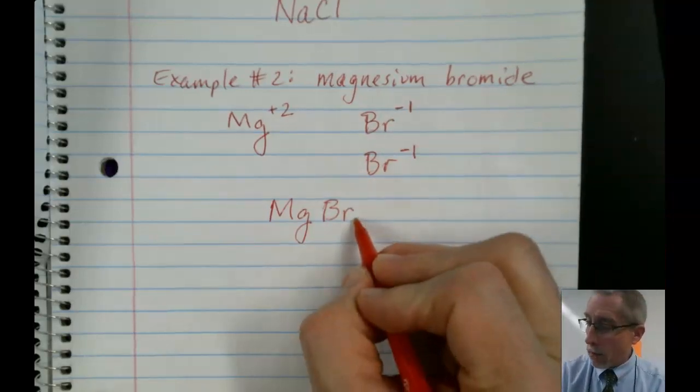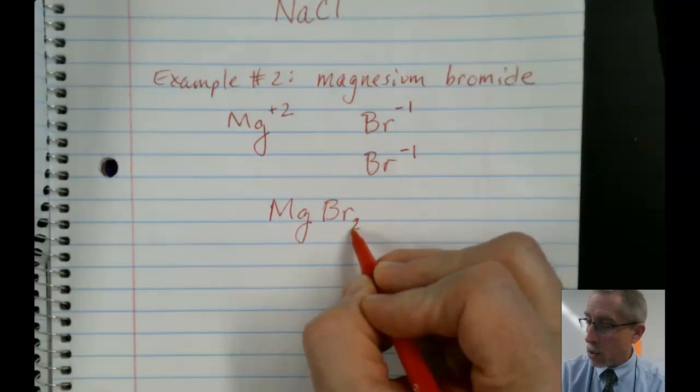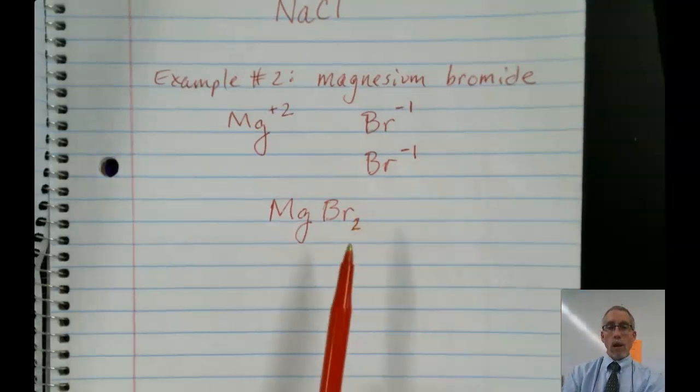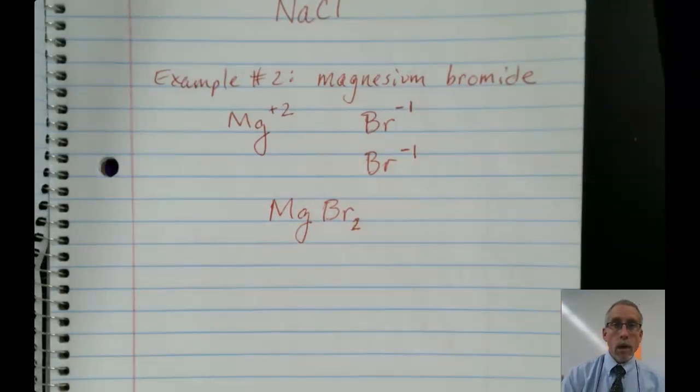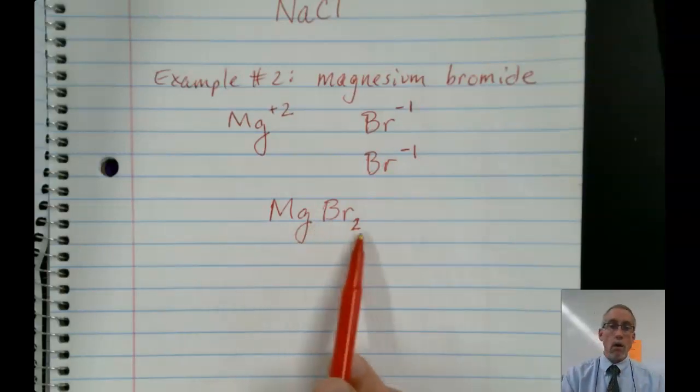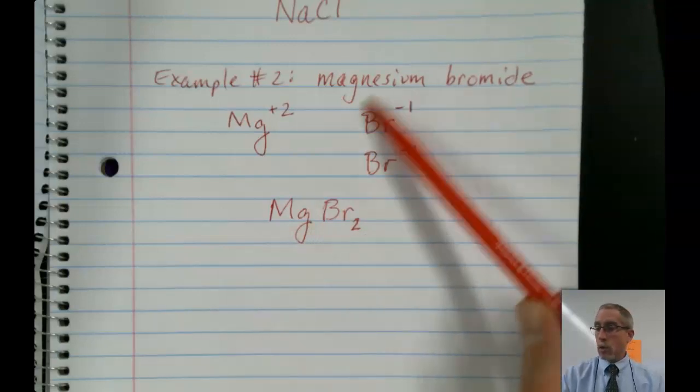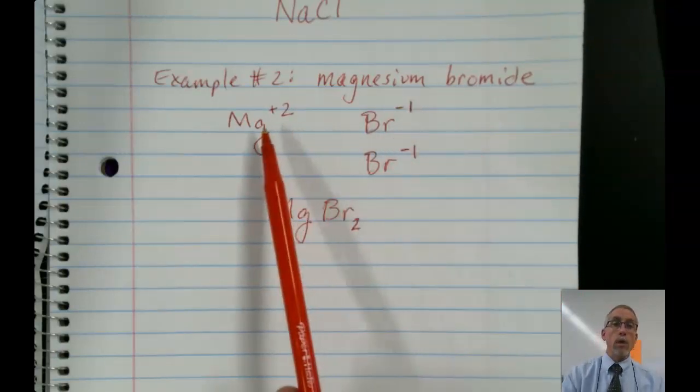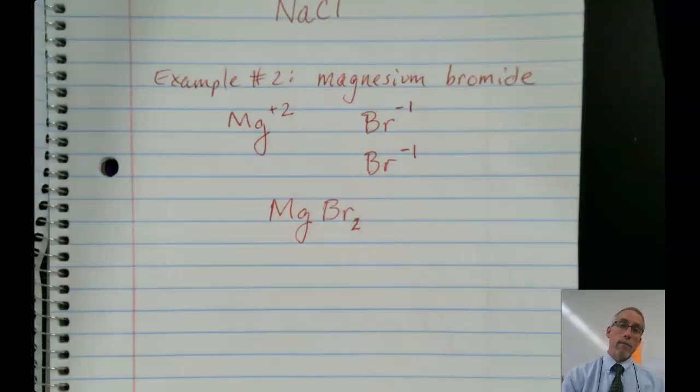And so right after the Br, no space or anything, just down kind of in the corner, I write a little 2. All right? And all of you have heard of this before. You've heard of H2O. Well, that 2 is a subscript number when you write the formula. It says 2 H's for every O. This is very similar. This is MgBr2. It means I need 2 bromide ions to go along with 1 magnesium ion.